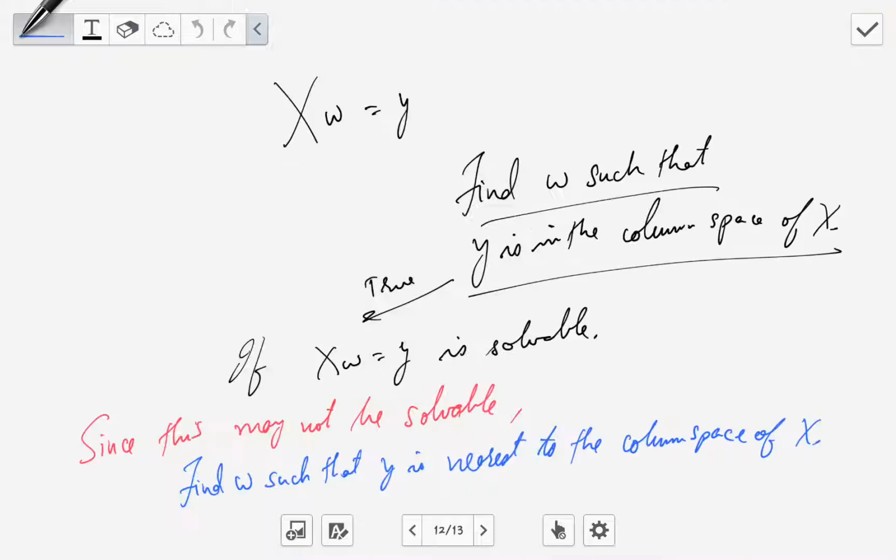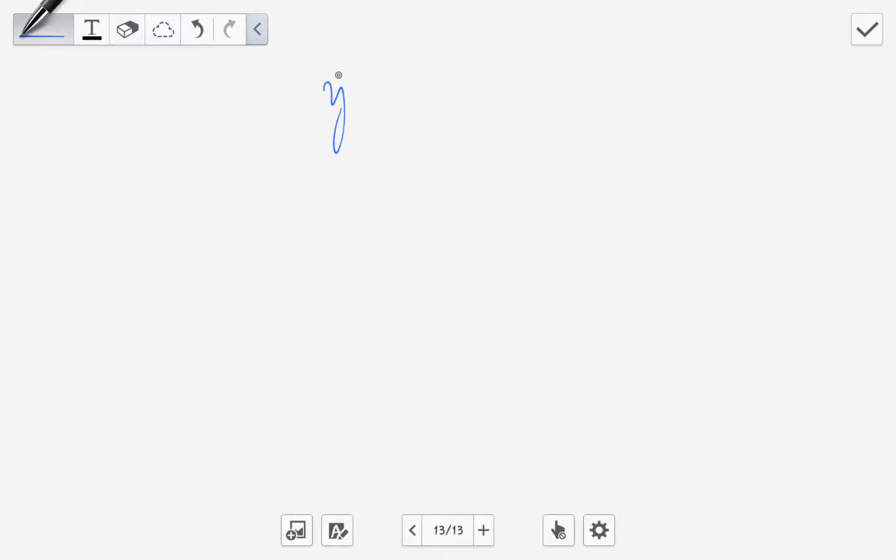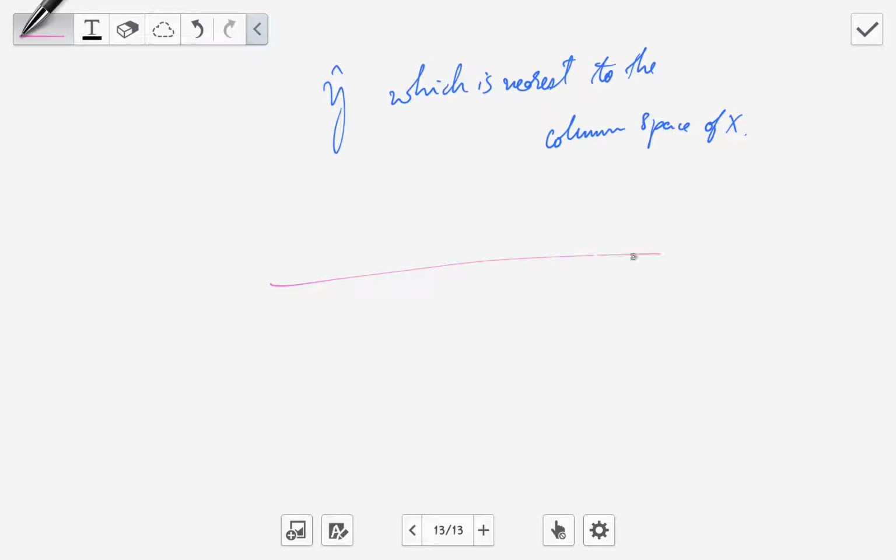Fine. So, I want to find a y cap which is nearest to the column space of X. Now, let us say this is your column space of X. This plane, because we can't do everything in n dimensions, we'll assume this plane is the column space of X. Now the origin should lie in this, because for every space the origin should lie in the space.